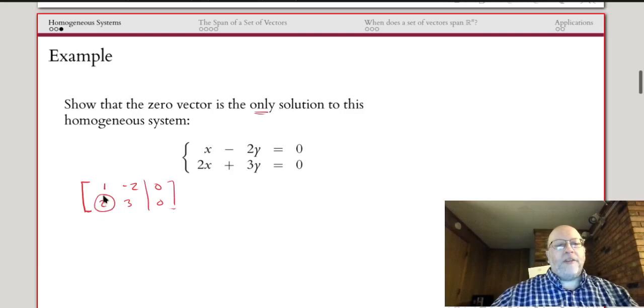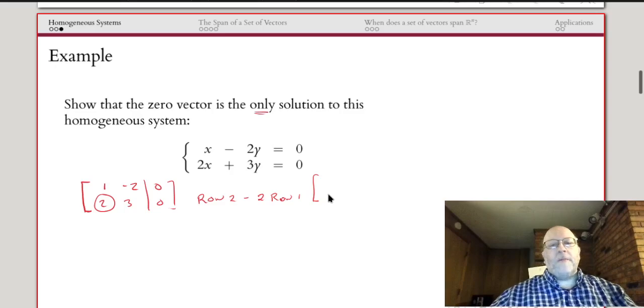I need to change this entry to a 0, so I'm going to take row 2 minus 2 times row 1, and that's going to give me 0, 3 minus a negative 4 is going to be 7, 0, and 1, negative 2, 0 in the top row.